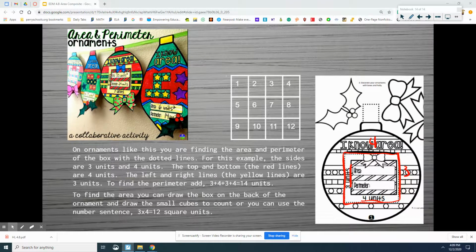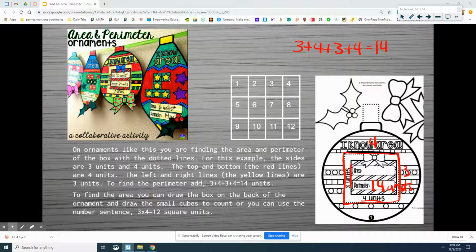So the perimeter should be pretty easy because I'm going to do 3 plus 4 plus 3 plus 4. And 3 plus 4 is 7, so another 7 is going to be 14. The perimeter of this square rectangle is 14 units. We don't know what the units are. We're just going to call them units. Now I need to know the area.